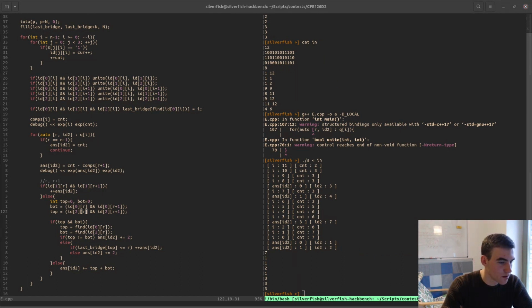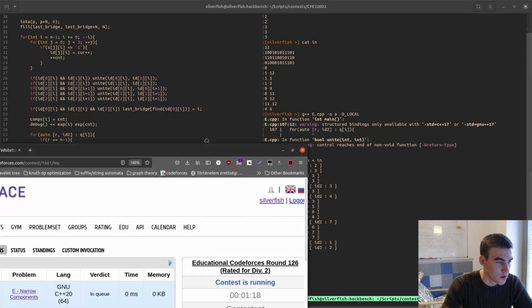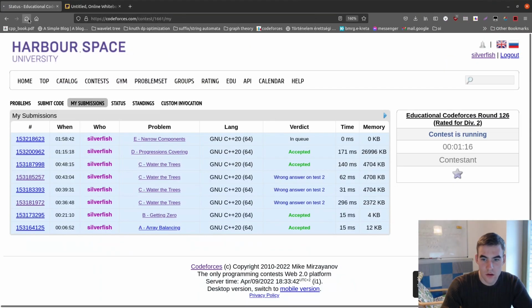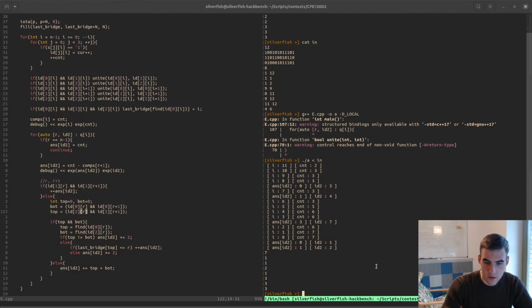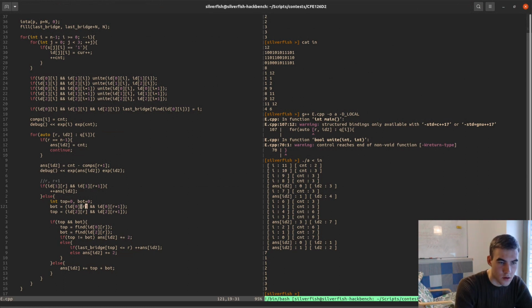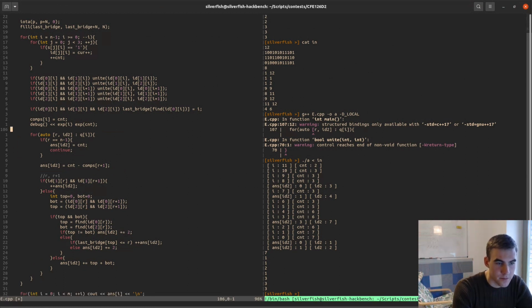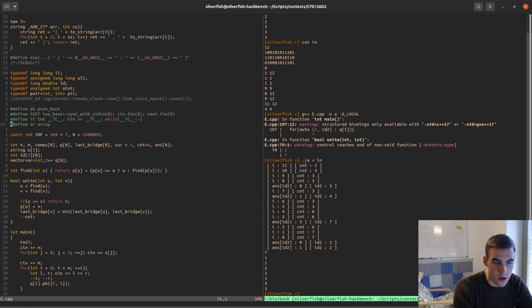Submit it quickly. What? Why? Runtime error on test 1. Am I using too much memory?